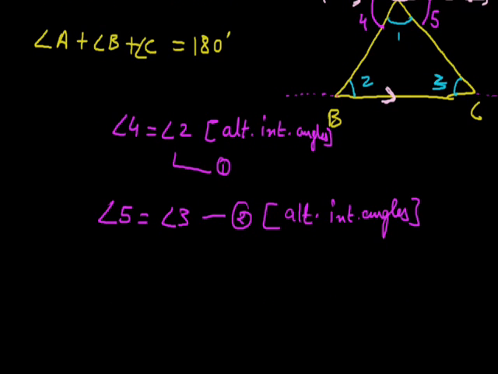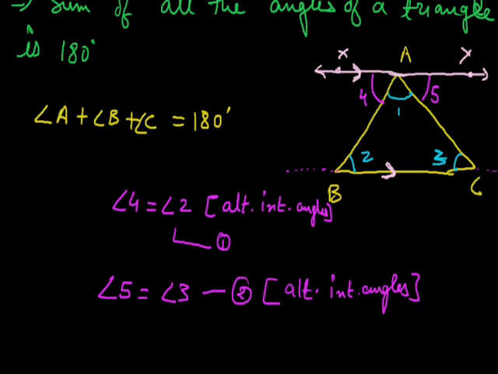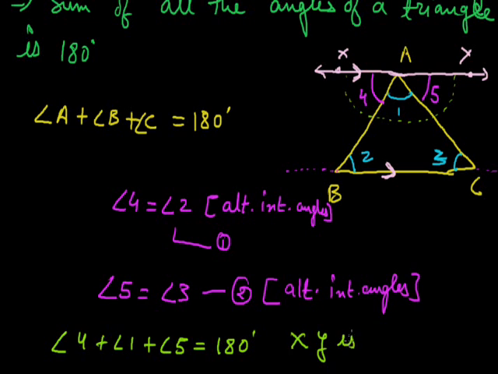Now if we take line XY, which is a straight line, then this complete angle is equal to 180 degree. So we can write angle 4 plus angle 1 plus angle 5 is equal to 180 degree, since XY is a straight line.